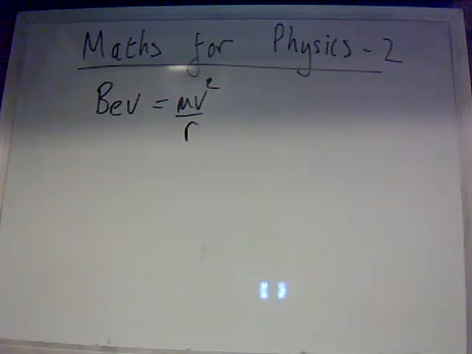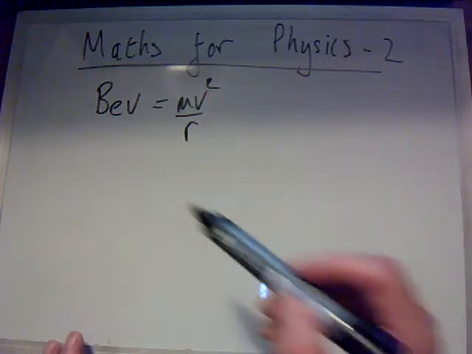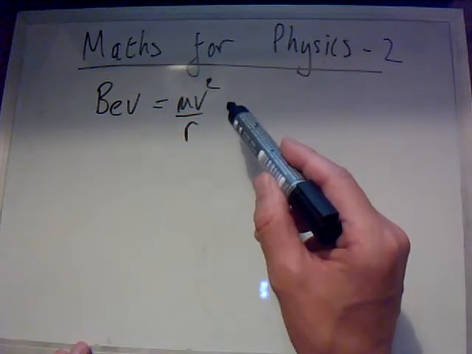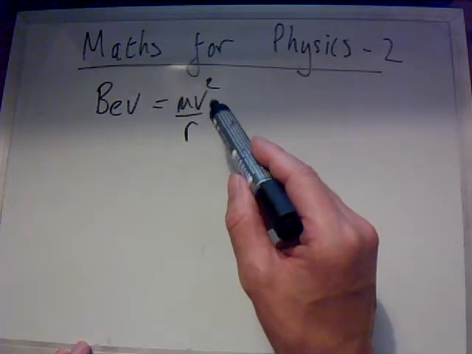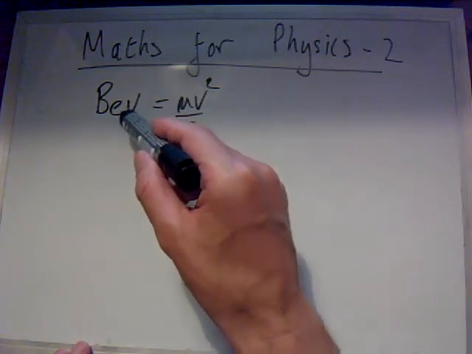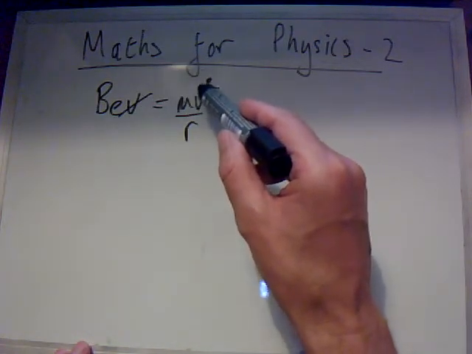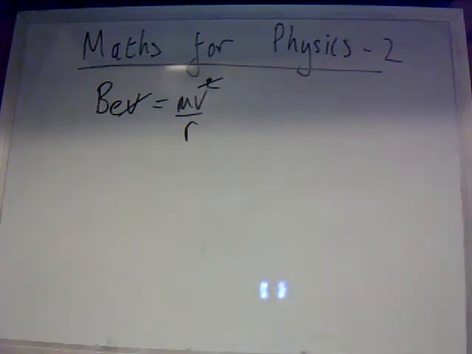Now let's say we want E to be on its own on the left hand side. How would we rearrange that equation? First of all, if we've got V on that side and V squared on that side, of course V squared means V times V, so we can cancel that V out and cancel one of the V's across there.